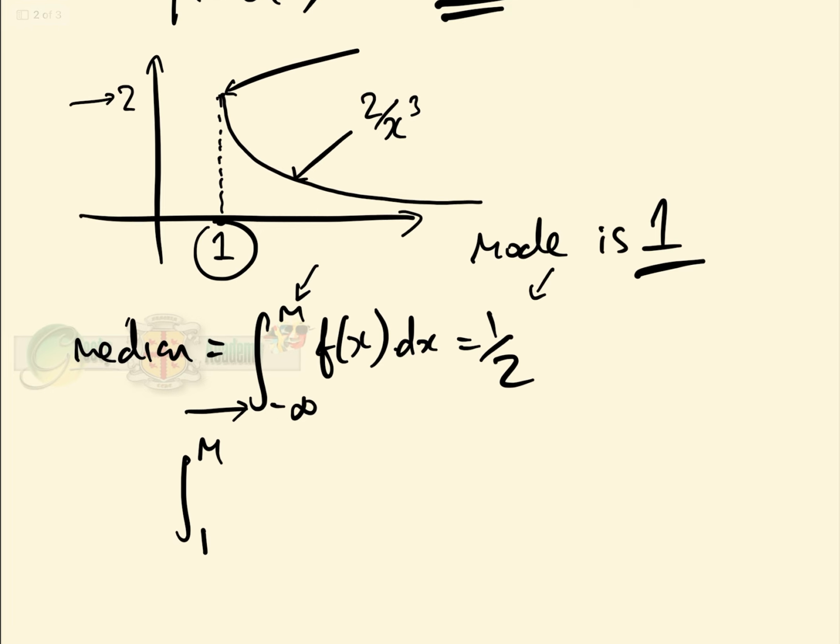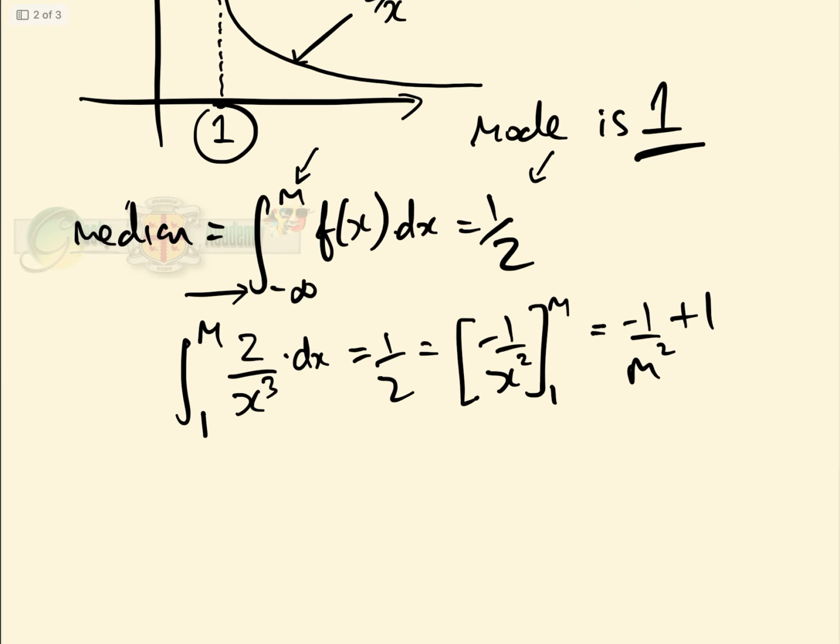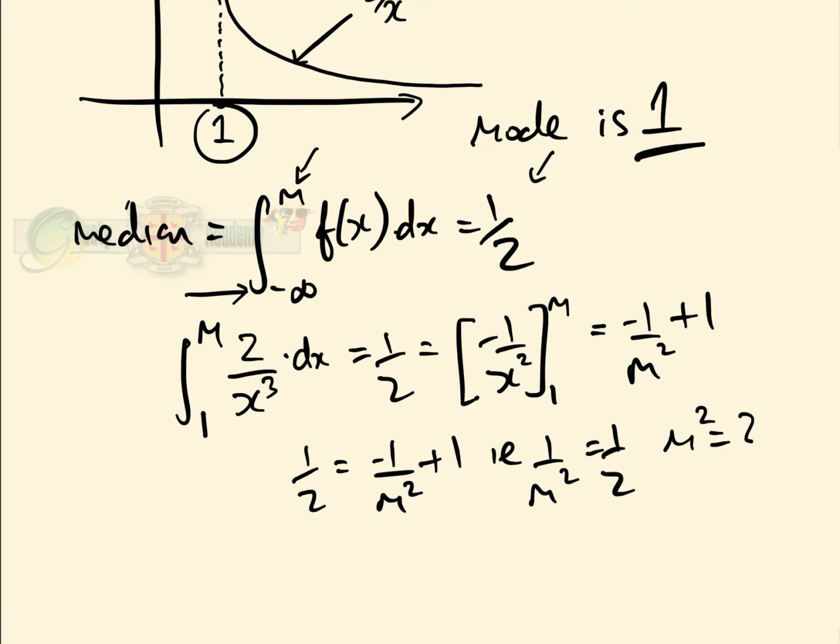So the integral between 1 and m of 2 over x cubed dx is equal to a half, which is equal to minus 1 over x squared between m and 1, which equals minus 1 over m squared add 1, and so therefore we have a half equals minus 1 over m squared add 1, i.e. 1 over m squared equals a half, so m squared equals 2, so m equals plus or minus root 2.